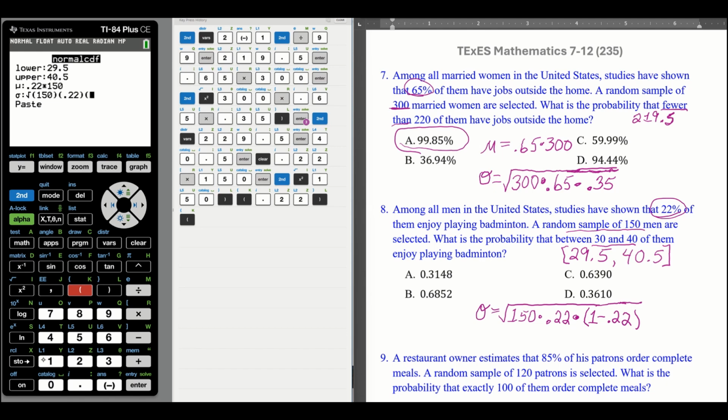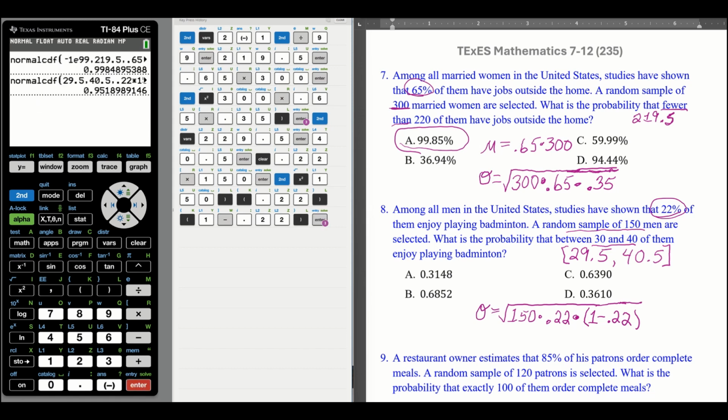Now, I did that because I want to put in all the rest of the percentage, meaning 1 minus 2, 2. Close my parentheses and enter again, and that did not work out well. Okay, looks like I made a standard silly boo-boo.